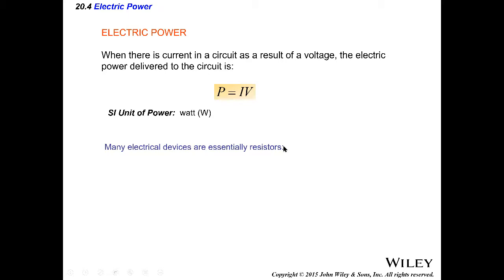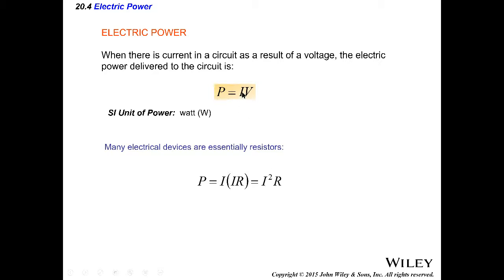And now the unit for power is watts, and most of the time you can now express it as I times IR, which is I squared R, so that the key thing for the power used is the current.